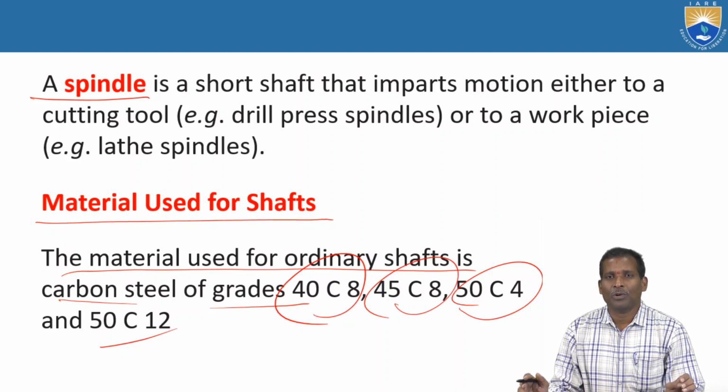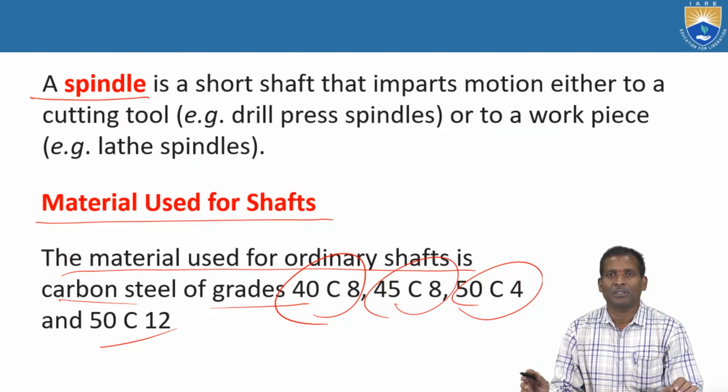And what are the important properties required for material selection? It should give good strength, good machinability and good reliability, and the material should have low notch sensitivity. You already know the notch sensitivity factor is important while designing a shaft.